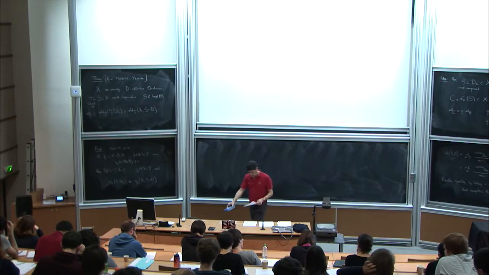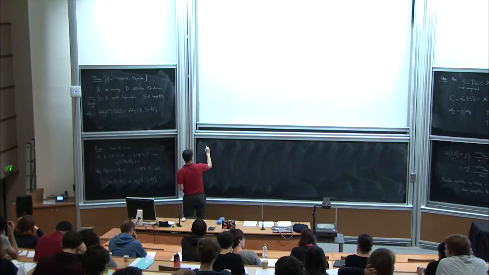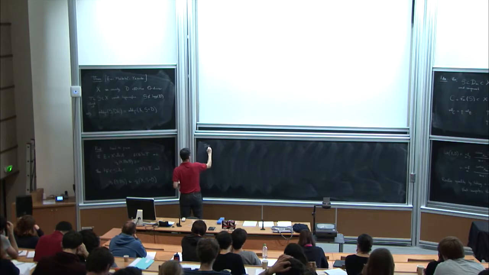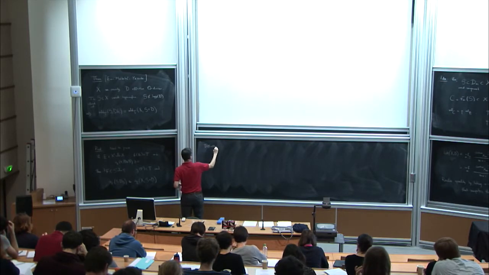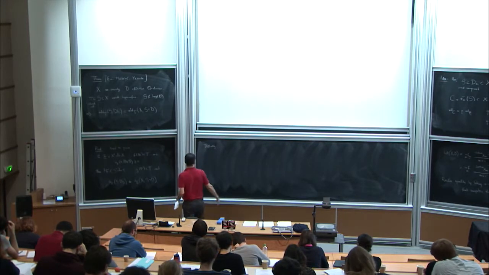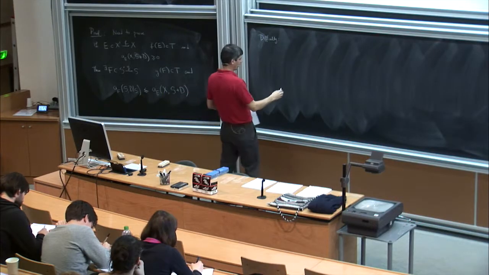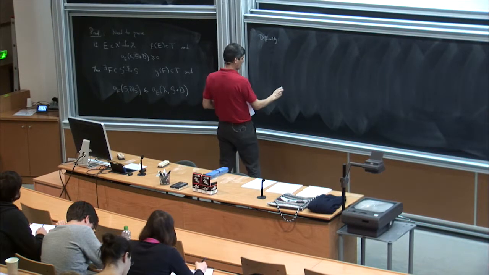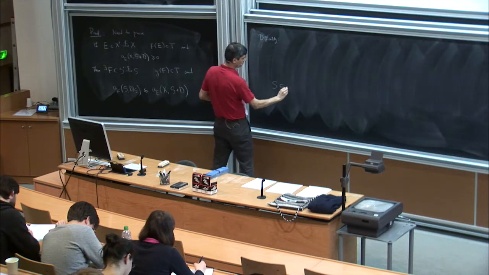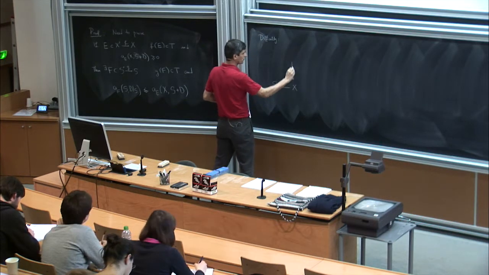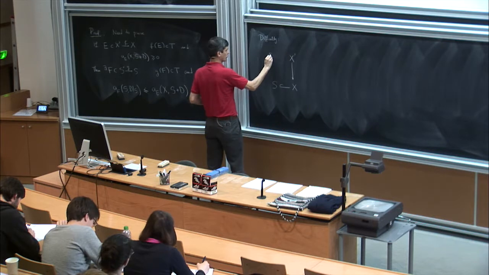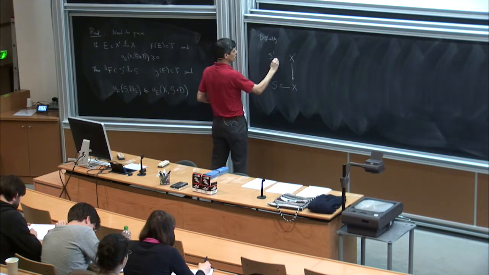So let me recall where the difficulty was. We had this diagram, so we had S, which sits inside X. Over here, we pick a good resolution, X prime, and we look at the proper transform that gives a good resolution here.